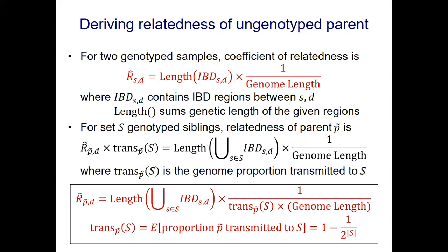And so that's just 1 over 2 to the number of these siblings is the probability that they share one chromosome copy perfectly identical with one another. And then if we take 1 minus this, that's the proportion of the genome that the parent transmitted to these siblings. So this gives us our coefficient of relatedness for an ungenotyped parent of a set of siblings and allows us to do relatedness inference.